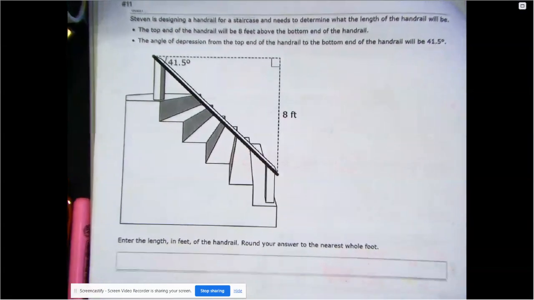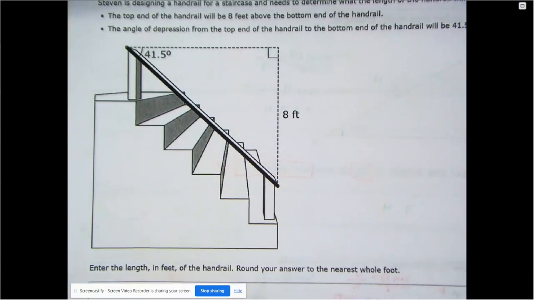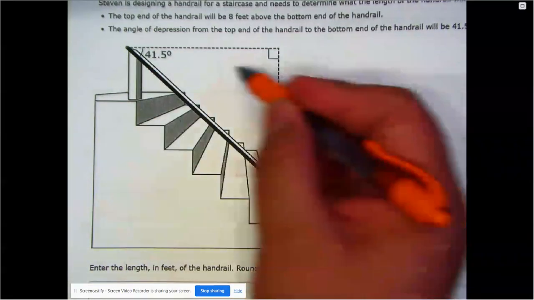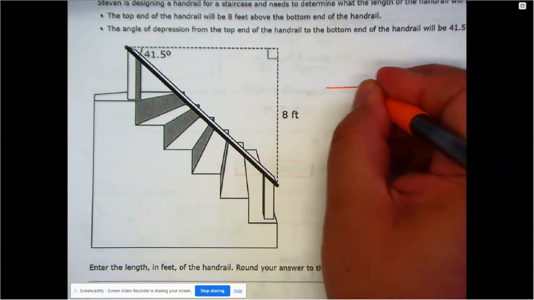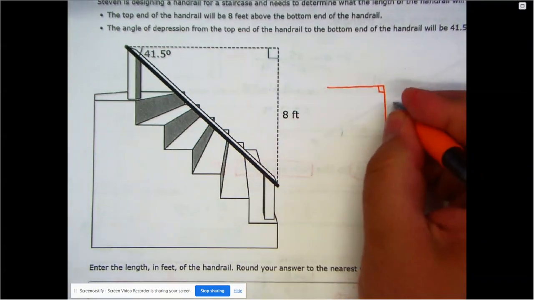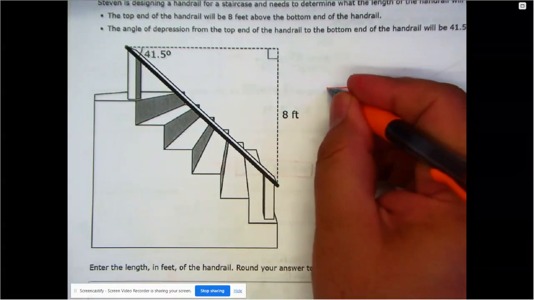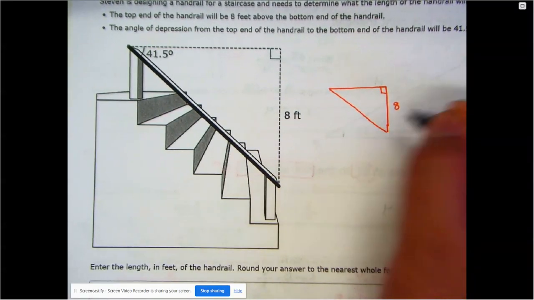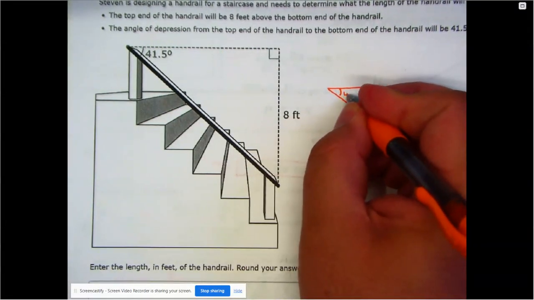Okay, well, here's the thing. Yeah, they wrote a lot, I get that. But they also already drew it for you. And if this is what's throwing you off, then draw your own little picture here. There's the 90, there's the 8, there's the 41.5.